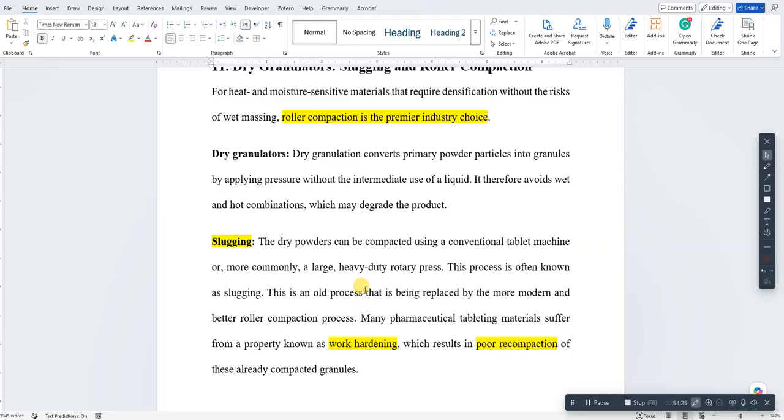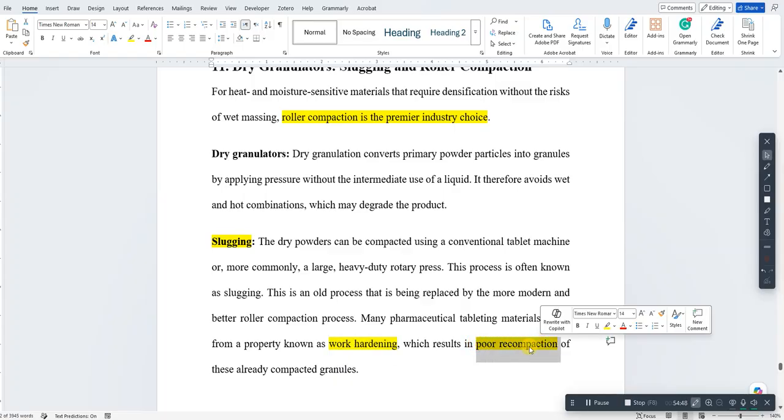And because we are applying high pressure for slugging, a property known as work hardening will happen. After the slugs are produced and then you are breaking them to smaller granules, they will have poor recompaction.